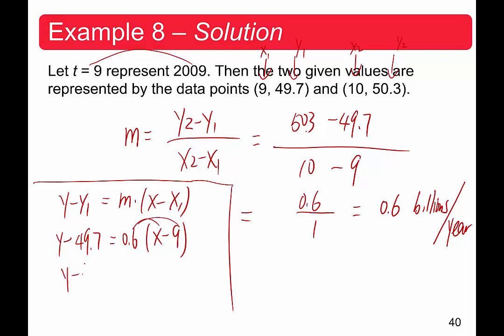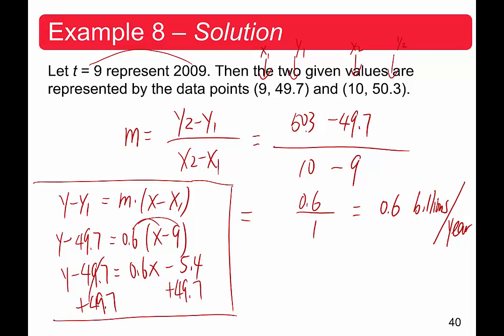So y minus 49.7 equals 0.6x minus 5.4. Next step is adding 49.7 to both sides of the equation to get the equation representing the relationship between sales and time t. So y equals 0.6x, 49.7 minus 5.4, that's going to be 44.3.